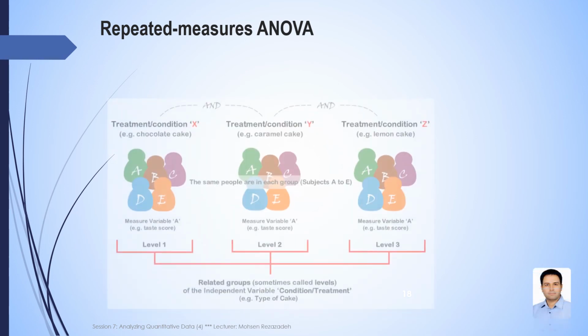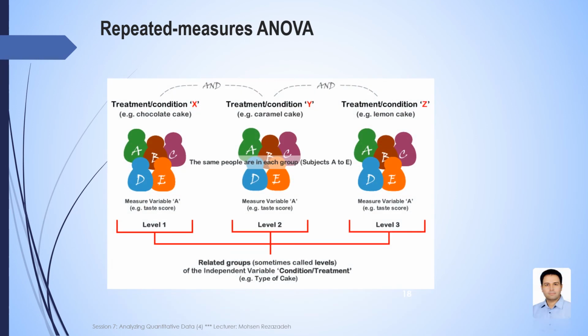For the second design, you might get the same students or the same participants to eat different types of cake. In this example, you can see that we have chocolate, caramel, and lemon, and then rate each one for taste rather than having different people flavor each different cake.